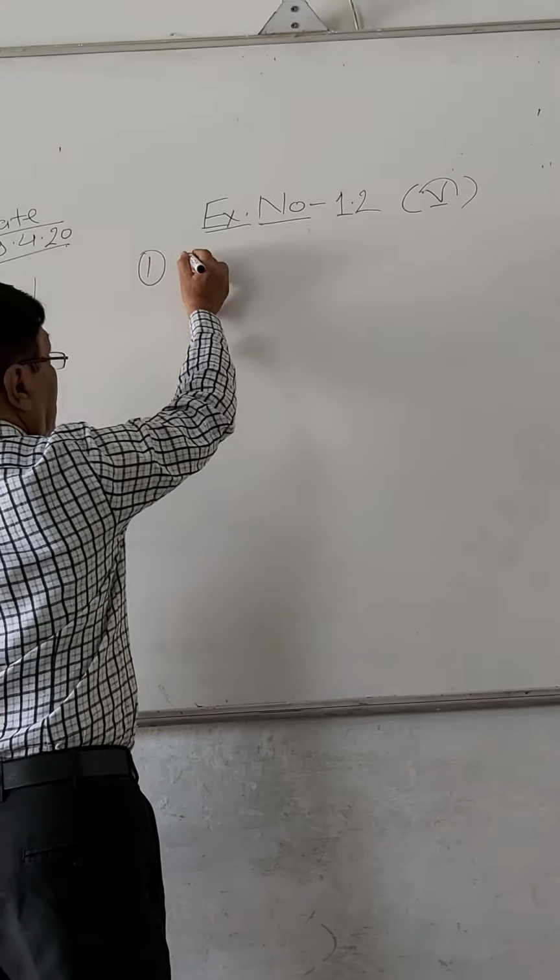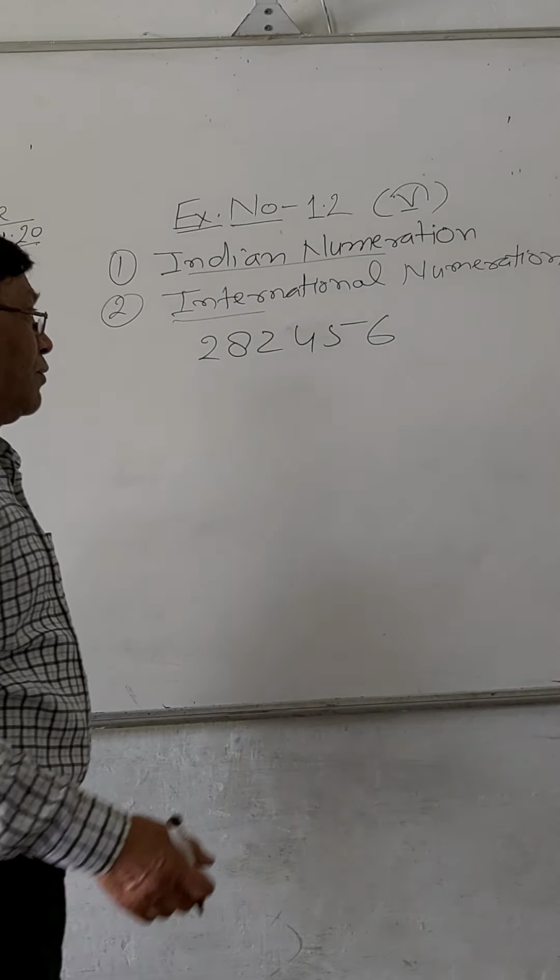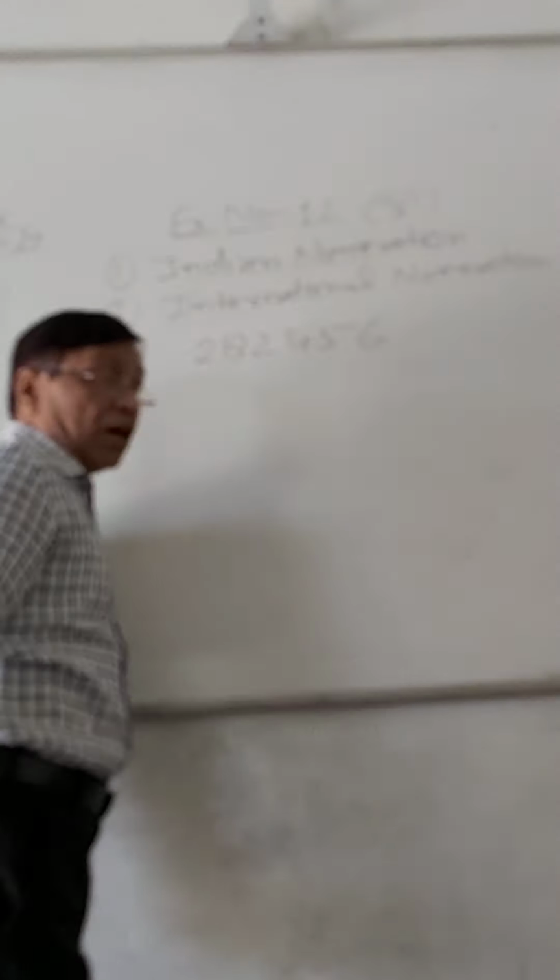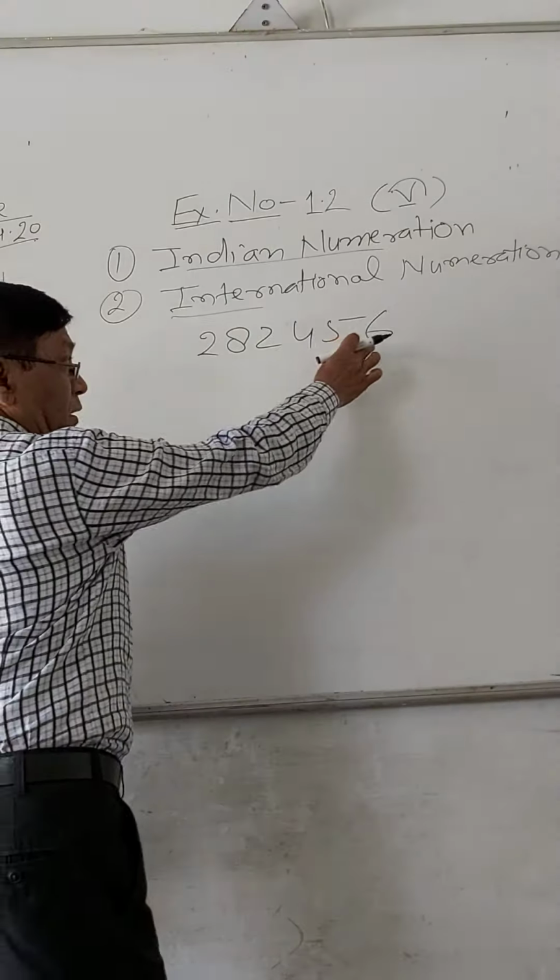So in the Indian numeration system, how are the periods coming? The first period, or first comma, is put after the 3 digits. So the first comma is coming here. This is the ones, tens, hundred. Now ones, tens, hundred. Again this number, thousand.